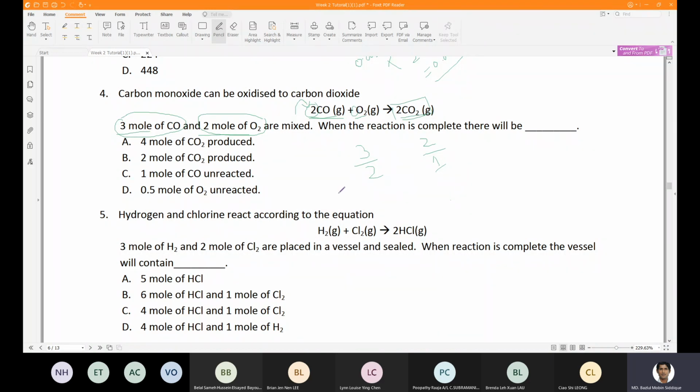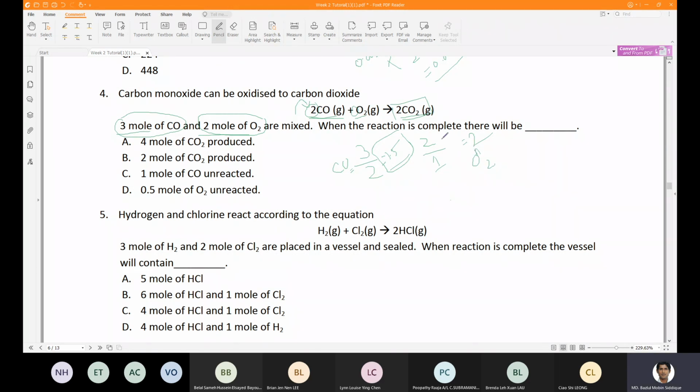So in this case it's 1.5, and in this case it is 2. Whichever is smaller will be the limiting reactant and will finish up faster. This is for carbon monoxide and this is for oxygen.